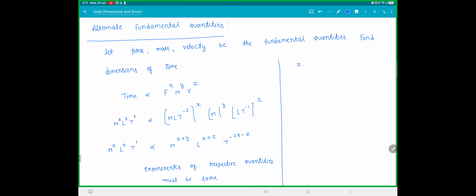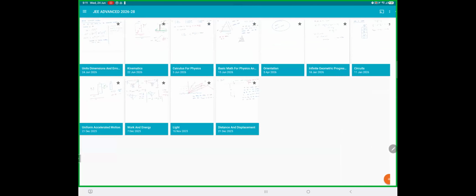First equation, x plus y is 0. Second equation, x plus z is also 0. Third equation, minus 2x minus z is equal to 1. From x plus z is 0, we get z is minus x. So take this and substitute here. I can just add these two equations.